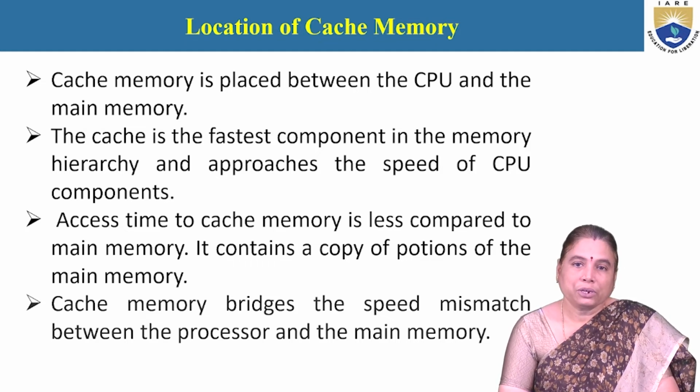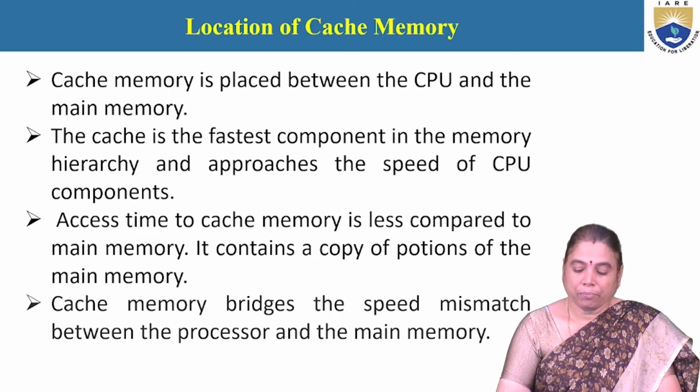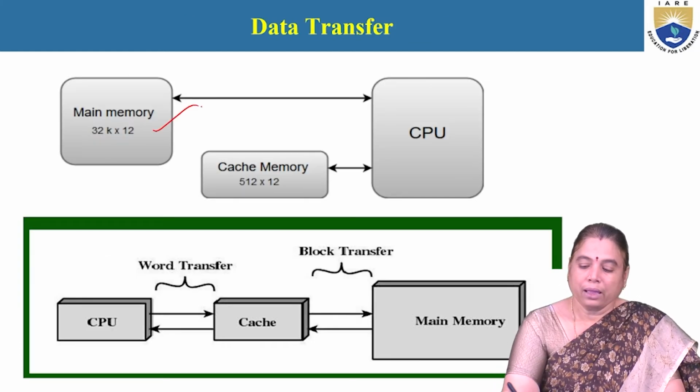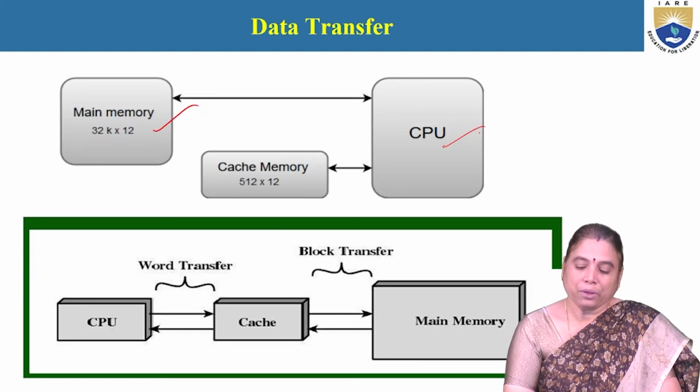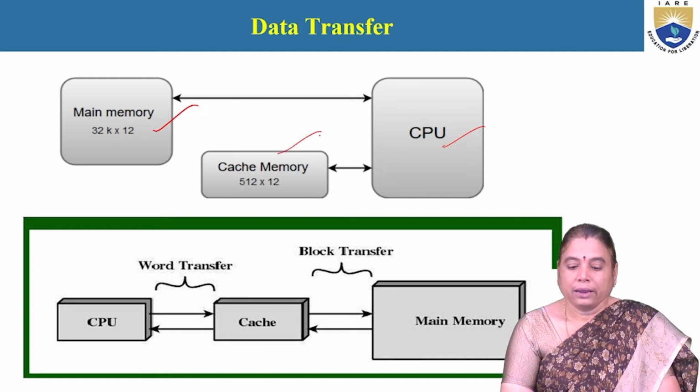So the synchronization of the speed can be done with the cache memory in between the processor and the main memory. Here, this is the main memory and this is the central processing unit. In between, the cache memory can be connected. It is a small high-speed memory.